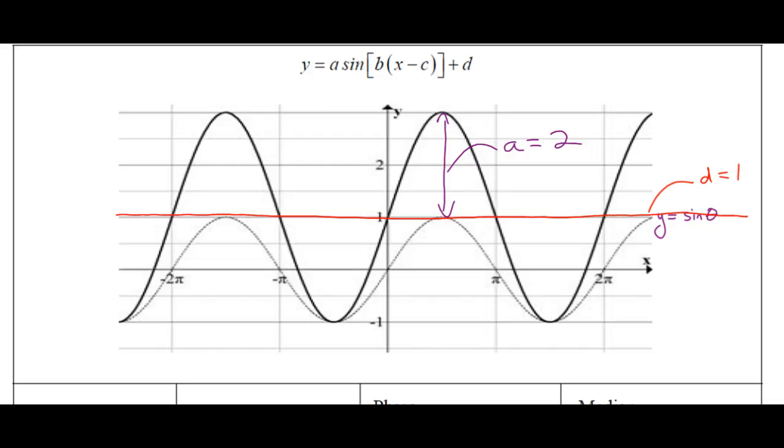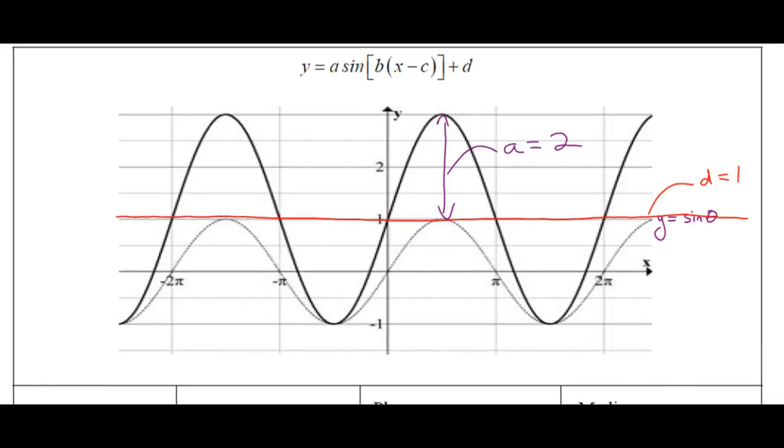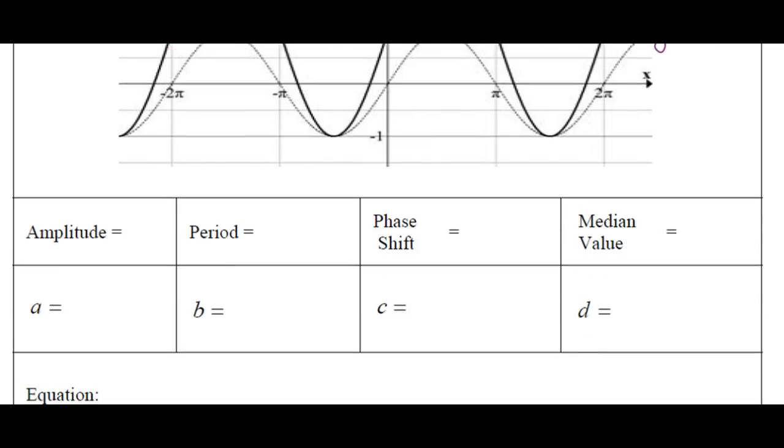Okay, what's next? Well, we need to figure out what's the period. So here to here, the period is 2 pi. So what's the value of b? Okay, so here, amplitude is 2, that's a. Median value is 1, d is 1, right? So a and d, very easy to work out.